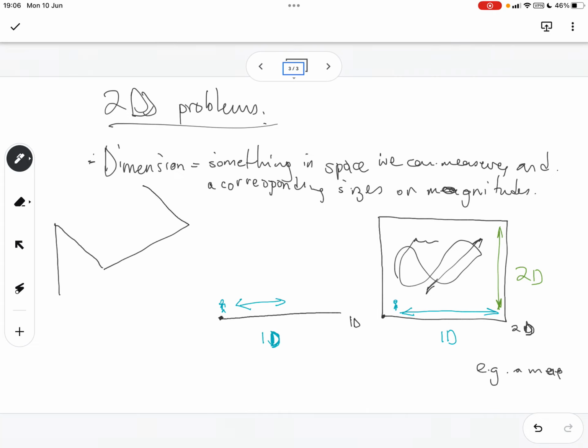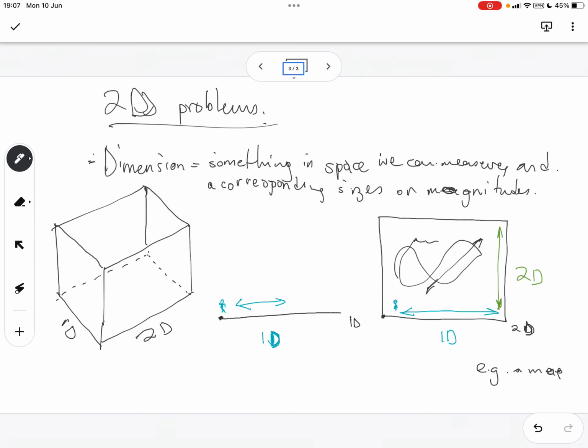And also, when you're walking on the floor between point A and point B, if the floor is flat, then you're walking in 2 dimensions because you can go across and sideways. Now, when you jump into a deep swimming pool, or you go underwater in a swimming pool, then you start moving in 3 dimensions.